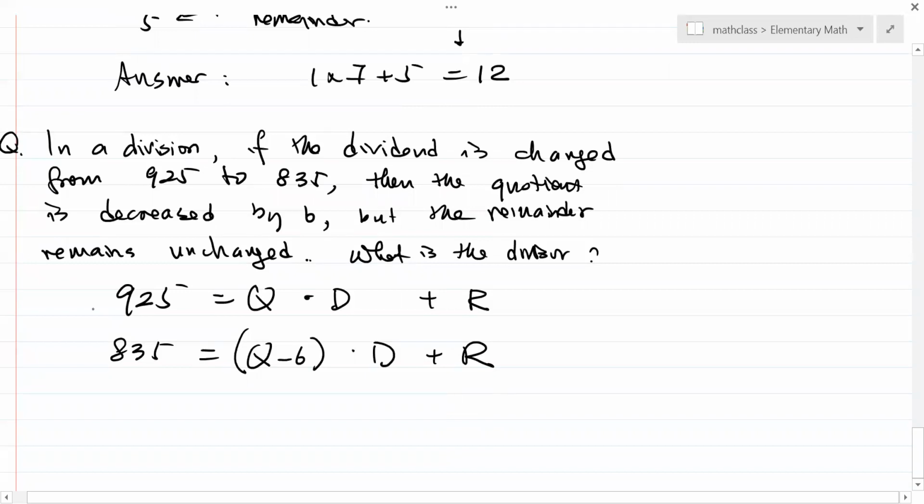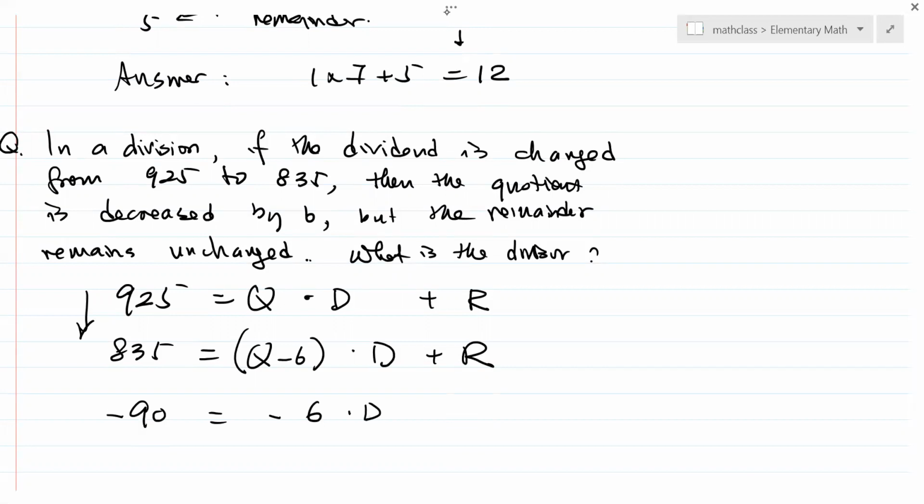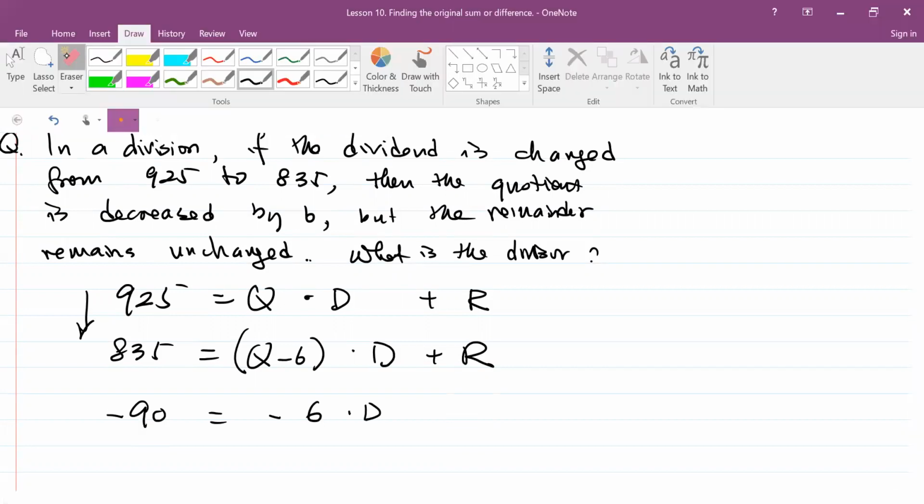So the change from here to here, the dividend, it's decreased by 90. The decreased part is also the change in the dividend. You don't need to put a negative sign here. It's a decrease.